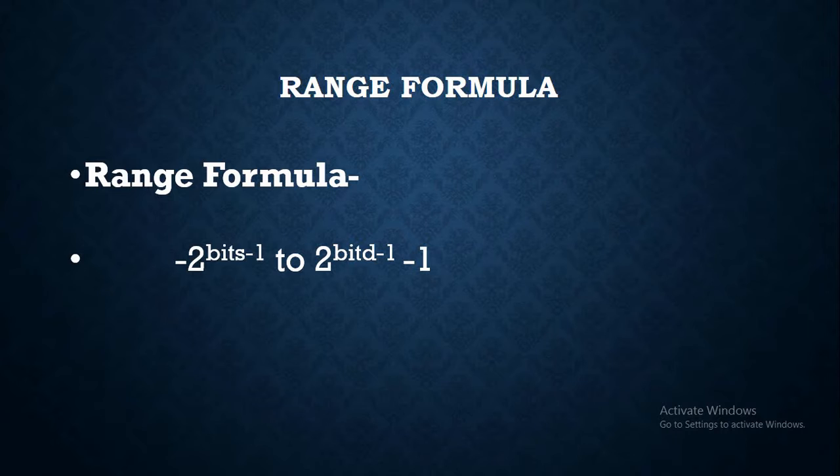We are talking about Java, so it takes 2 bytes. 2 bytes means 16 bits. 16 bits minus 1 is 15. So the range is minus 2 to the power 15 to 2 to the power 15 minus 1.